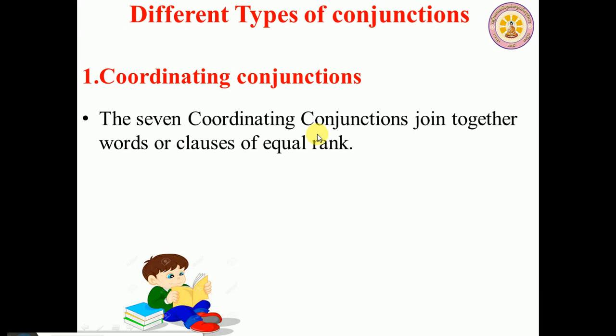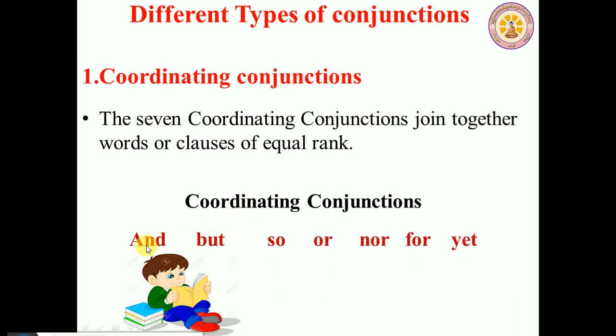The seven coordinating conjunctions join together words or clauses of equal rank, equal or similar rank. Examples are for, and, nor, but, or, yet, so. All seven of these words are called coordinating conjunctions.